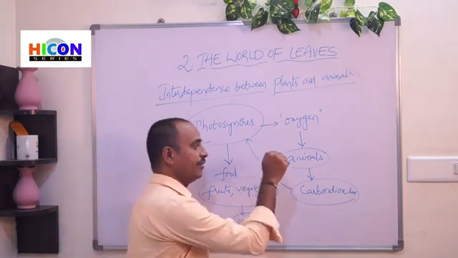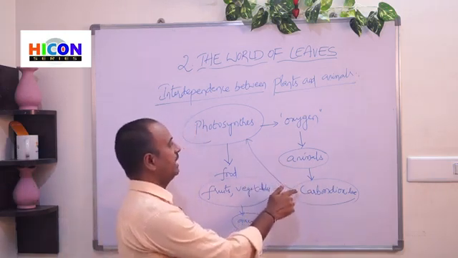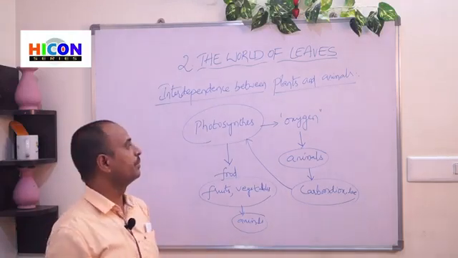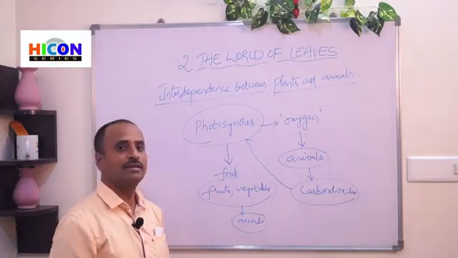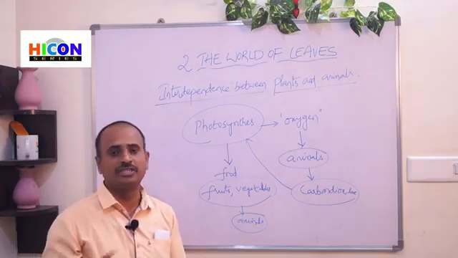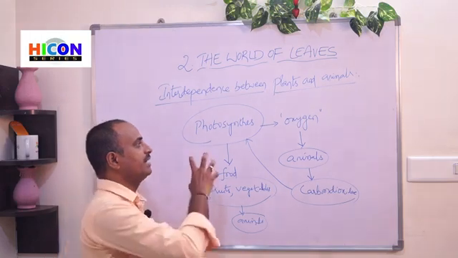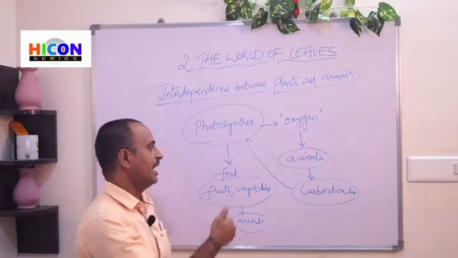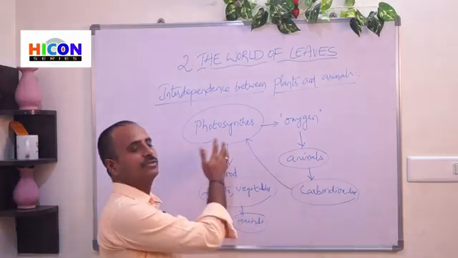So the carbon dioxide given out by the animals is helpful for the plants in preparing food. So both plants and animals depend upon each other, because the plants give oxygen and food to the animals, and animals give carbon dioxide to the plants.